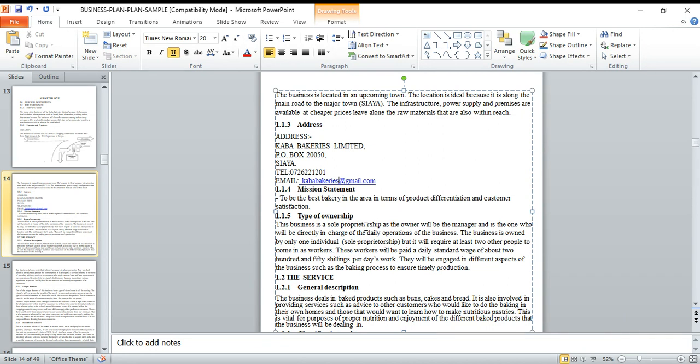These workers will be paid a daily standard wage, about 250 shillings per day. They will be engaged in different aspects of the business, such as the bagging process, to ensure timely production.